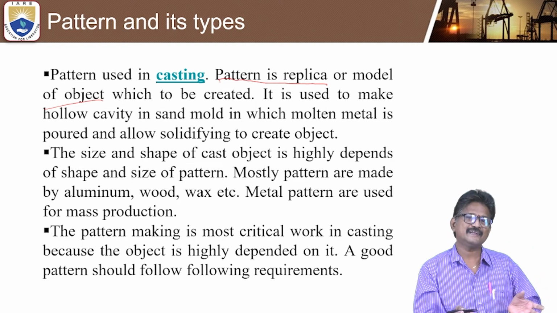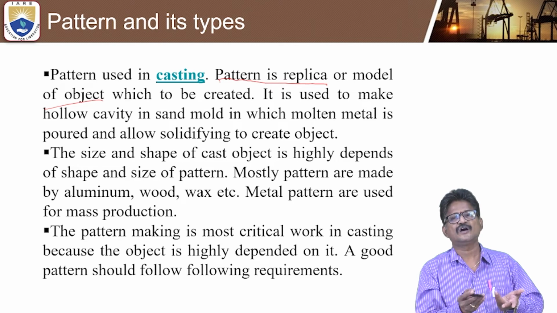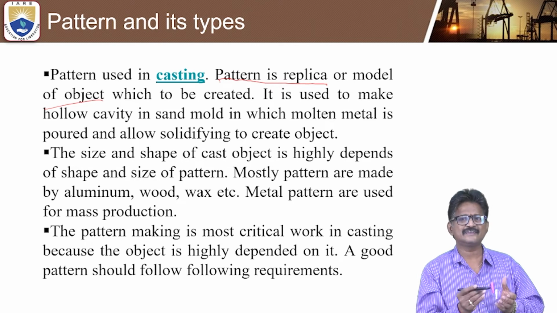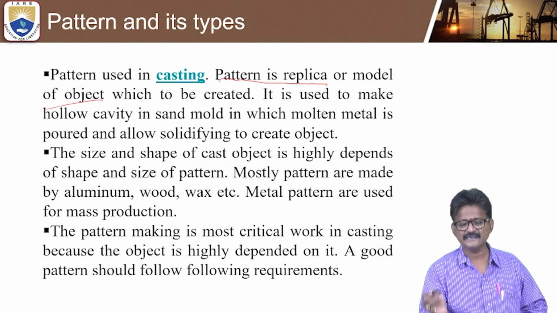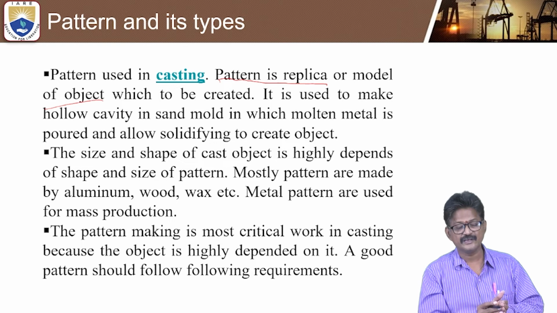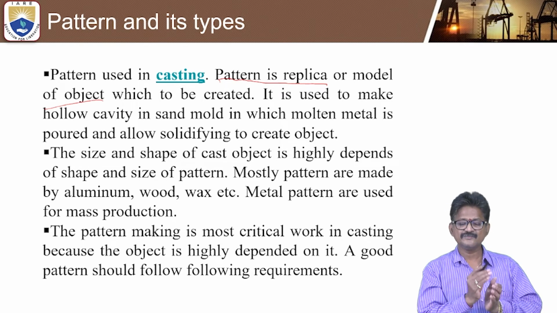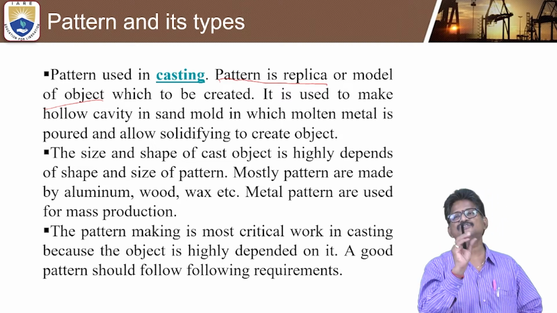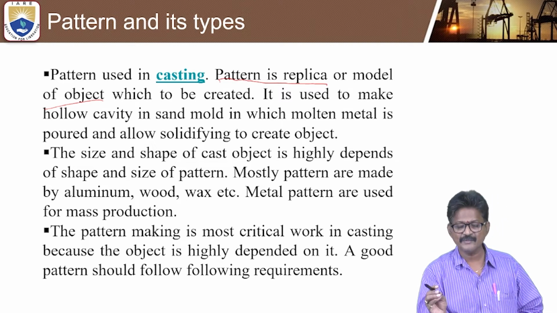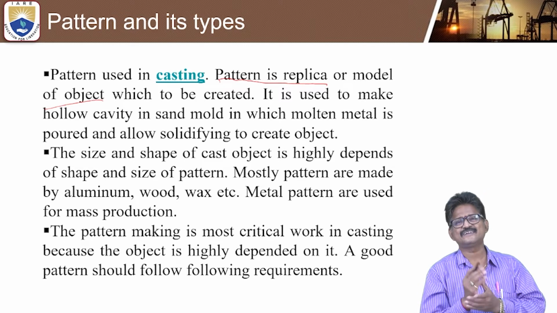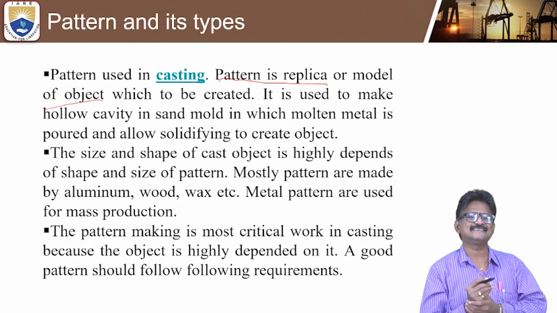That pattern may be wood, metal, plastic, ceramic, etc. But any pattern is used to make the hollow cavity in a sand mold, in which the molten metal is poured. You should give some solidification time, then you get the final object. This is a general important point about casting.